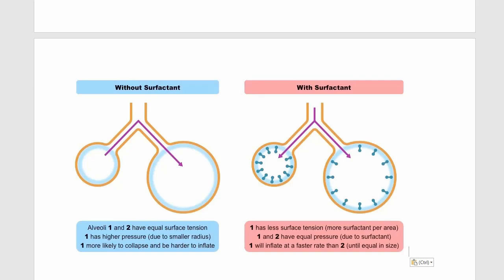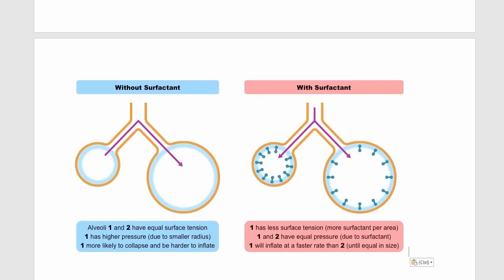At the air-liquid interface within the alveoli, surface tension tends to cause liquid molecules to attract each other. This leads to a tendency for the alveoli to collapse normally, and this surface tension is particularly strong in small alveoli. Our body produces surfactant because it disrupts the cohesive forces between molecules by forming a layer at the air-liquid interface.